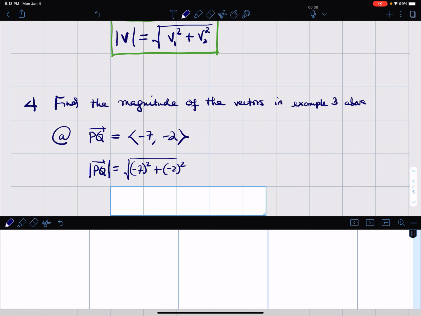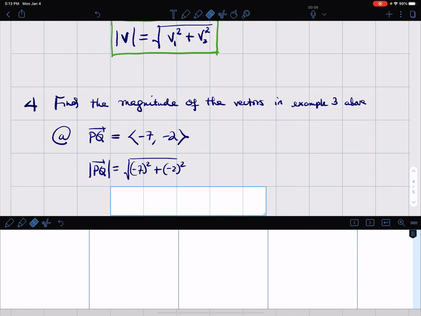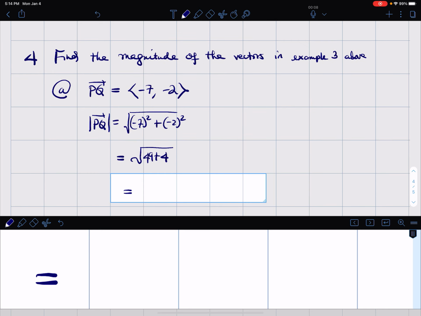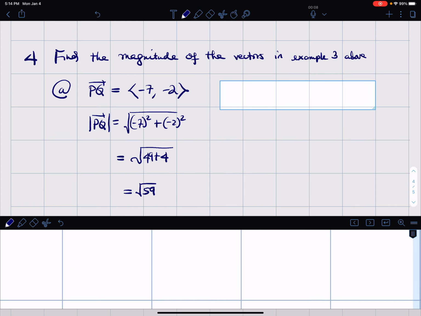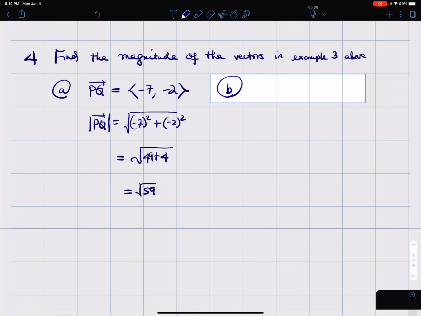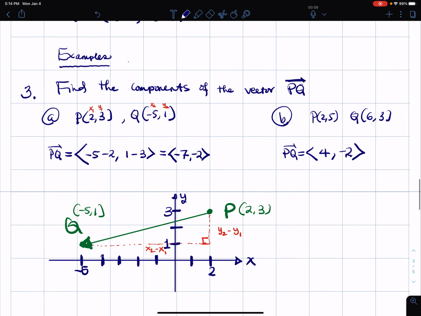So that means we're looking for the square root of 49 plus 4. That's the square root of 53. All right, B, let's look for PQ.